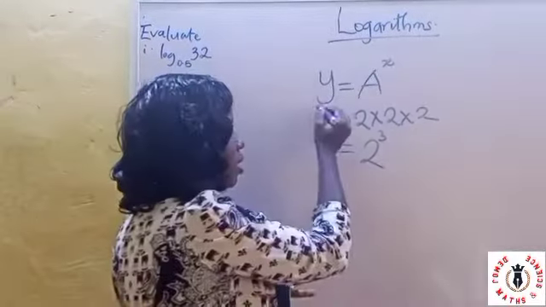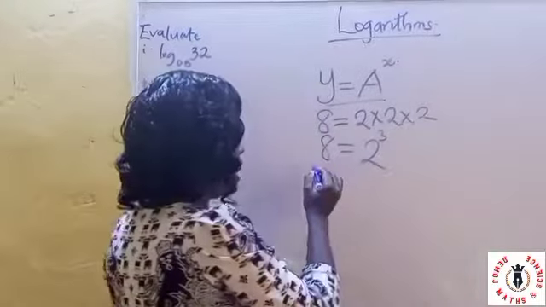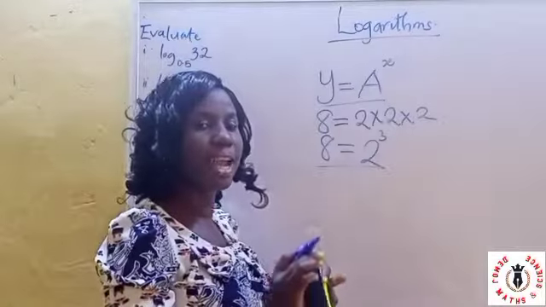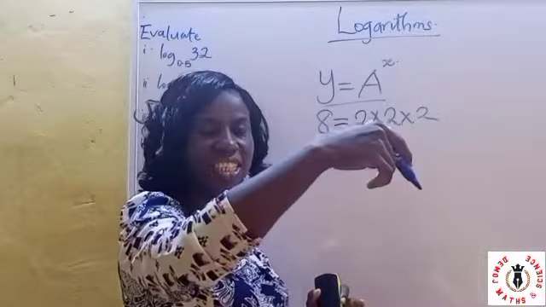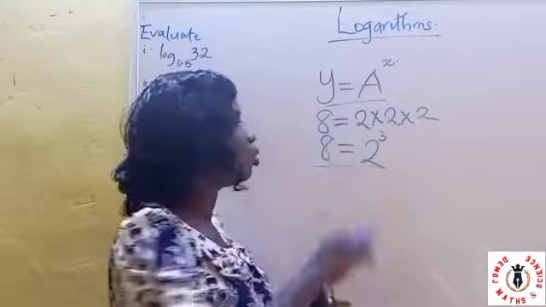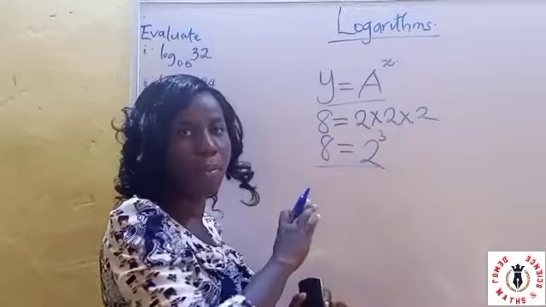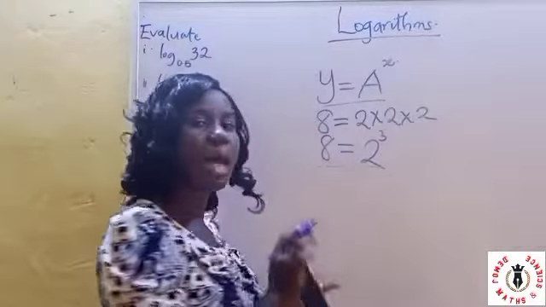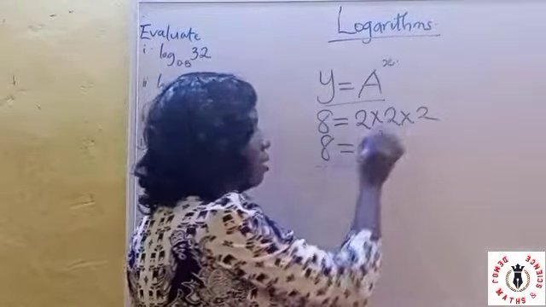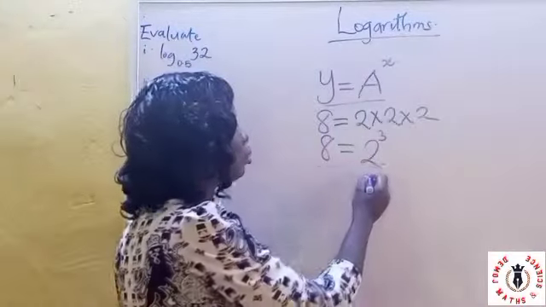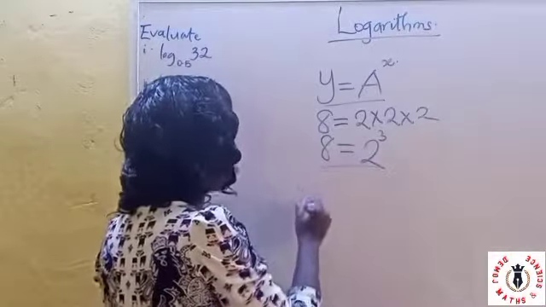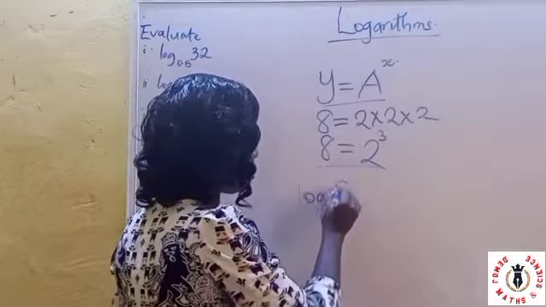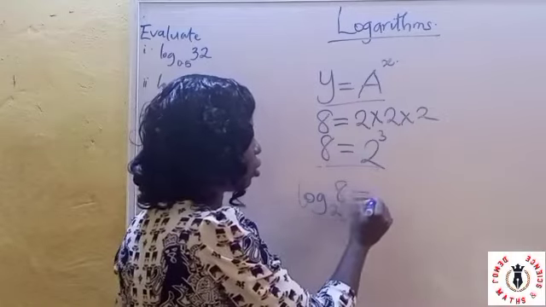I'm going to use this notation, and I'm also going to use this for clarity. Now, we've understood very well that logarithm is the index to which a base is raised to be equal to a certain number or an ordinary number. So if 8 is our number, 3 is the index, 2 is the base, we can write our logarithm as log of 8 to base 2 is equal to 3.